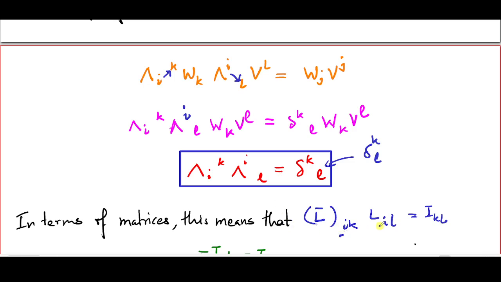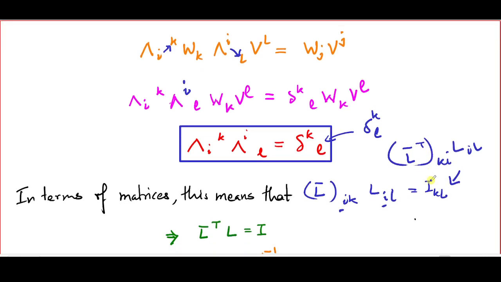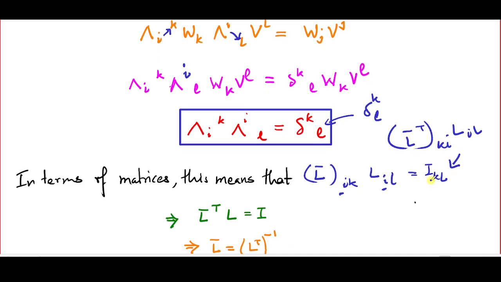It's the i index being used here, but i is the row index of the first matrix. But of course, it will be the column index of L bar transpose. So this is L bar transpose ki, L il, which is I kl. And what that means is you take the transpose of L bar and multiply that by L and you do get the identity.